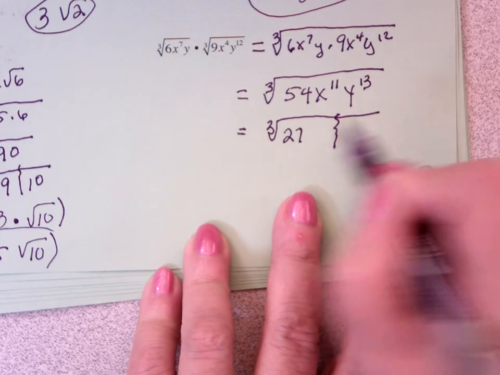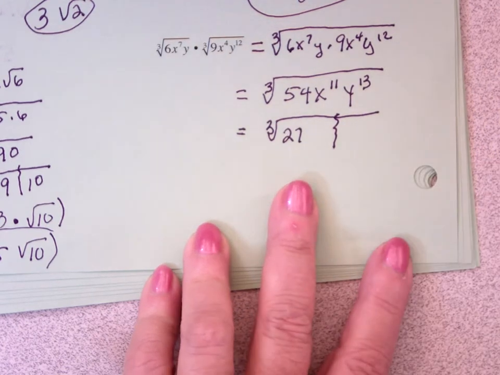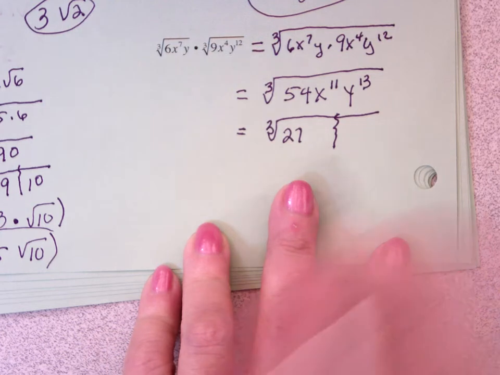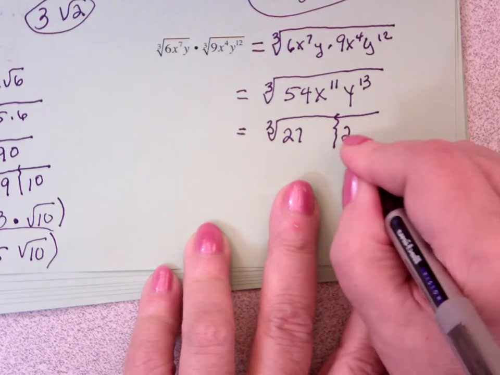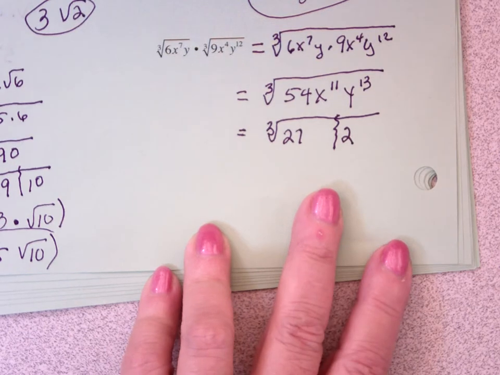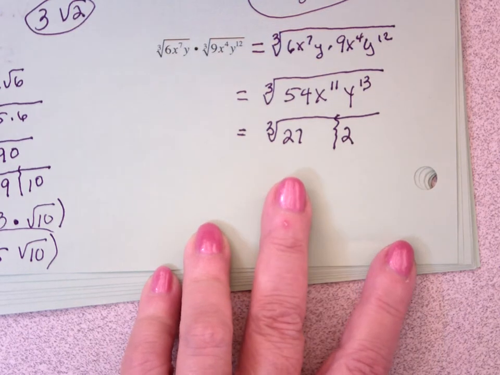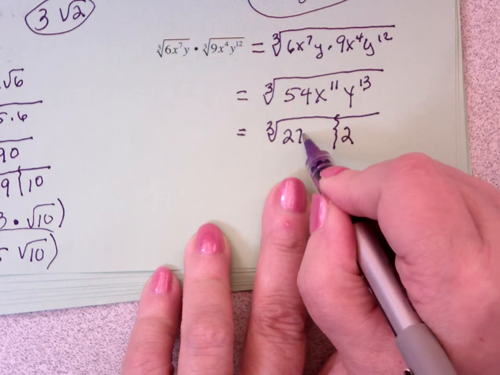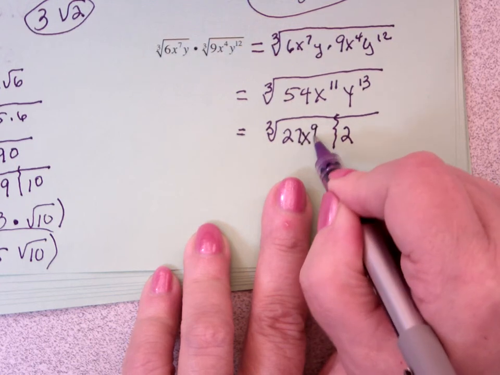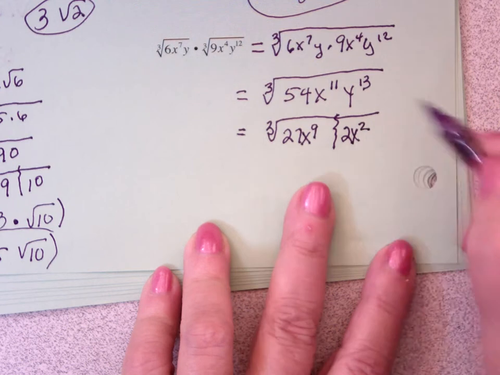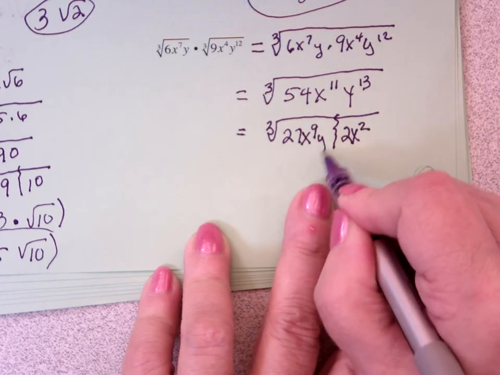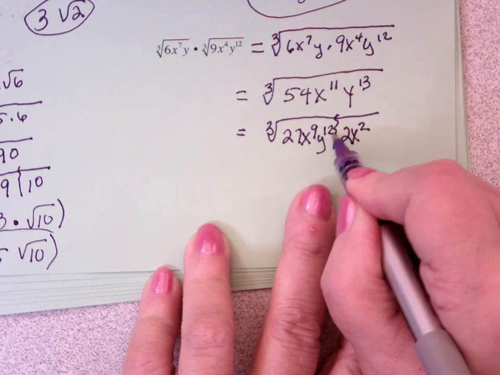Thank you very much. 27 and 2. That's 54. And then what's the cube in x to the 11th? X to the 9 with 2 left over. The cube in y to the 13th is y to the 12 with 1 left over.